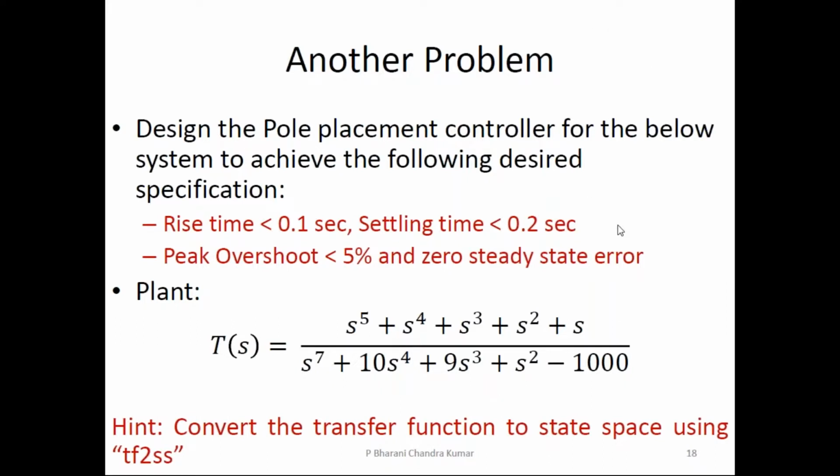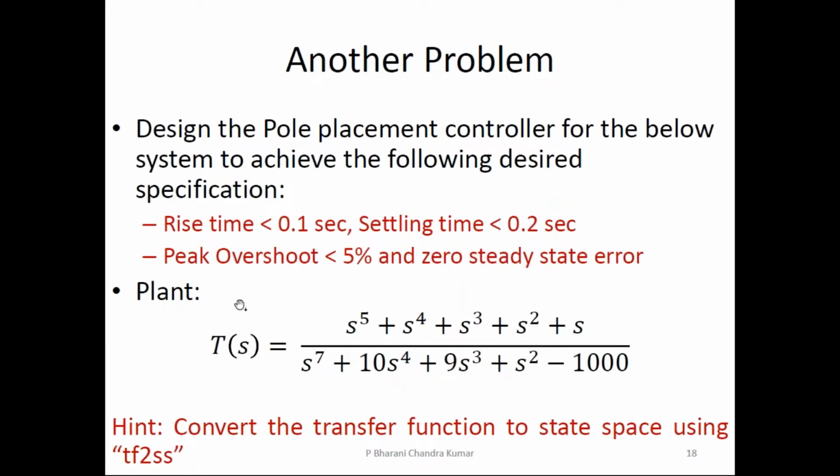This is a little bit different from the one we have already seen. In the earlier classes, if the A, B, C, D matrices are given to you, you are asked to find the corresponding pole placement controller. But here the problem is to design the pole placement controller for the below system to achieve the following desired specifications: rise time less than 0.1 second, settling time, peak overshoot, and zero steady state error. These are the four desired specifications I want.